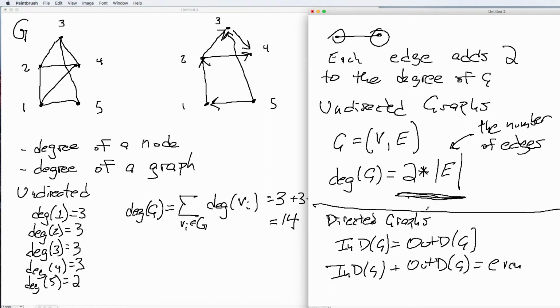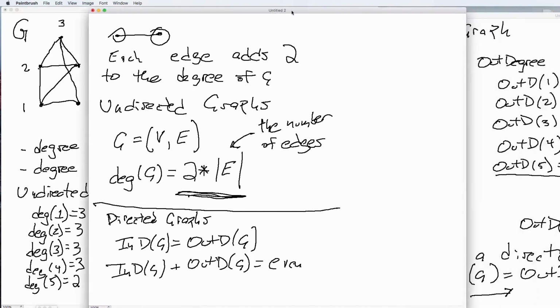It's very useful. We can get some interesting corollaries out of this.